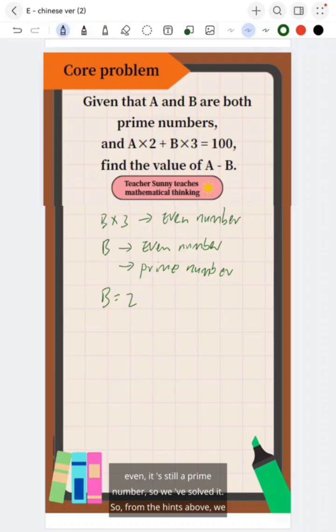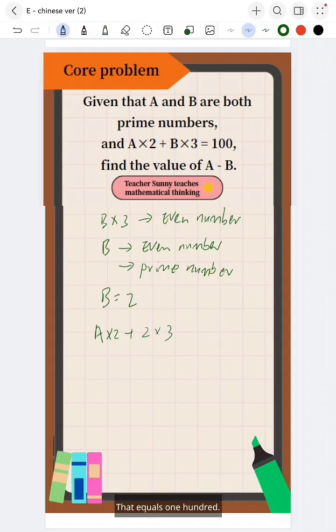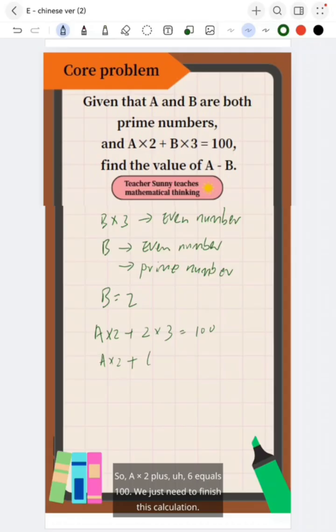So from the hints above, we can clearly see that b becomes 2, right? So a times 2 plus 2 times 3 equals 100. So a times 2 plus 6 equals 100.